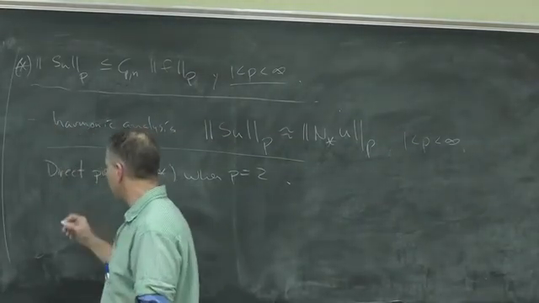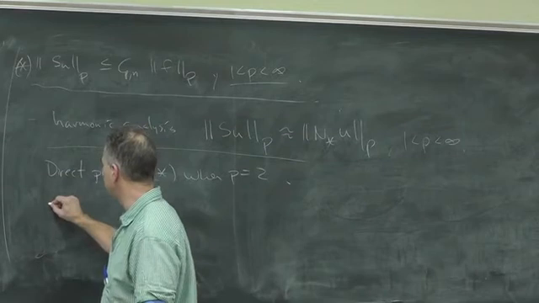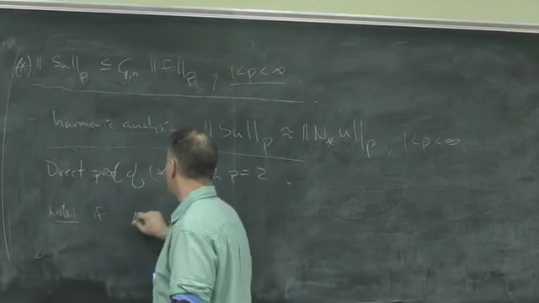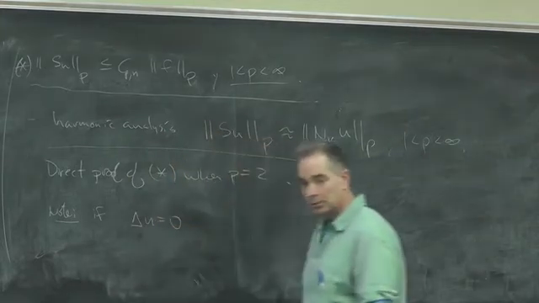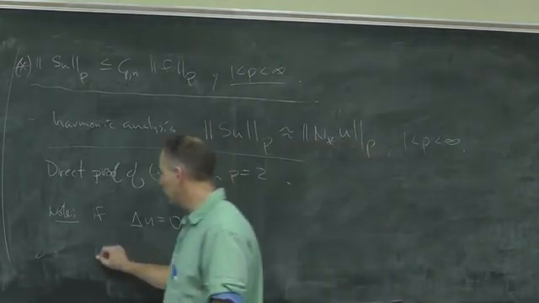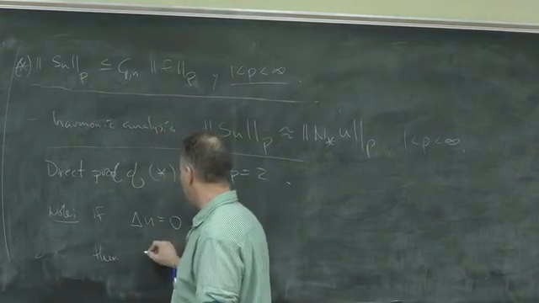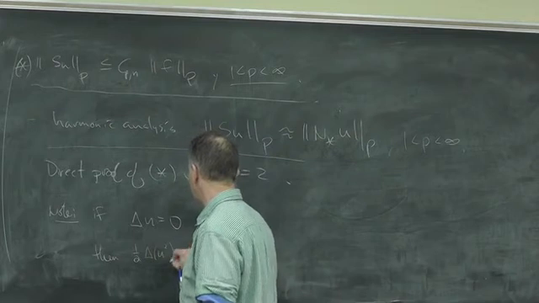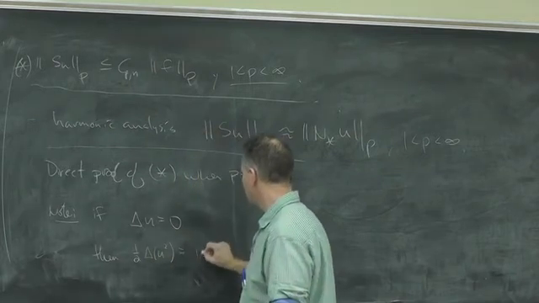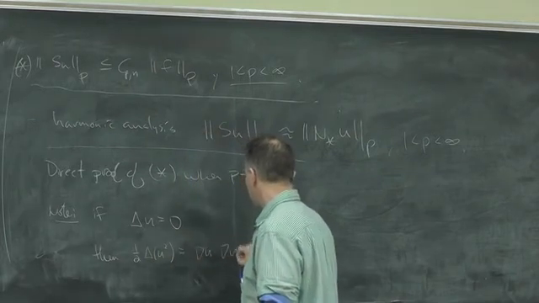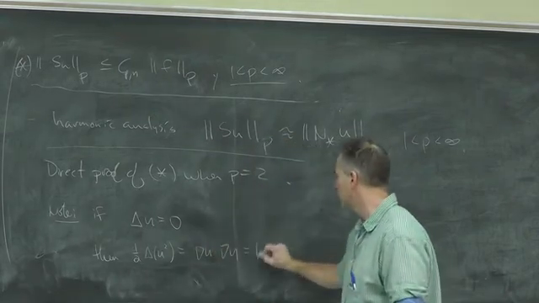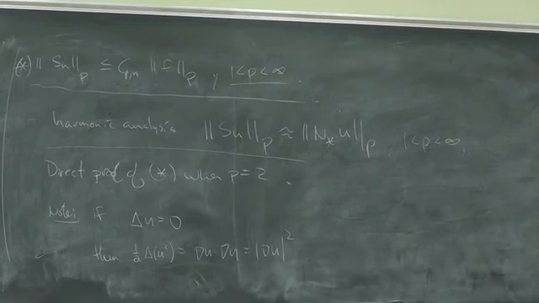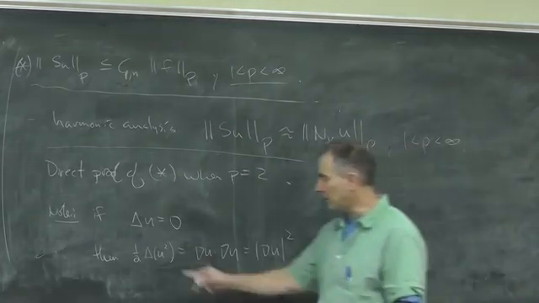So the key observation to make is that if u is a harmonic function, so the Laplacian of u is 0, then 1/2 of the Laplacian of u squared is the same as the square of the length of the gradient. And that's just an easy computation to make.